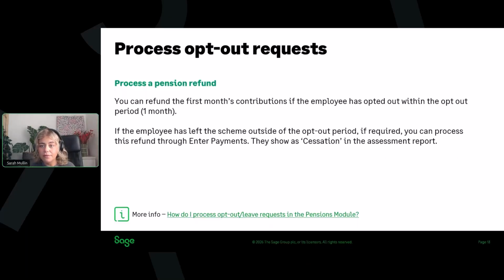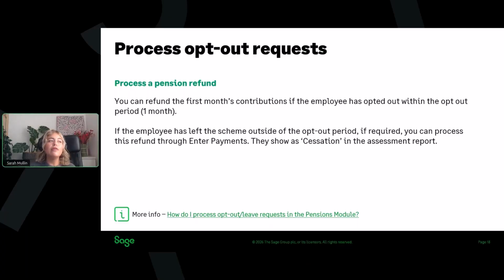Speaking of refunds, again, if they opt out within that 1-month period, then you must refund that full contribution, which the pension assessment can do automatically. Now, if they leave after the opt-out period, sometimes, up to the provider's discretion, they are still happy to refund it, then you would just have to process it through enter payments instead.